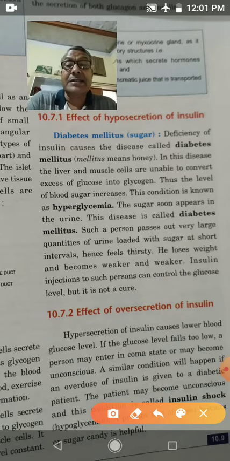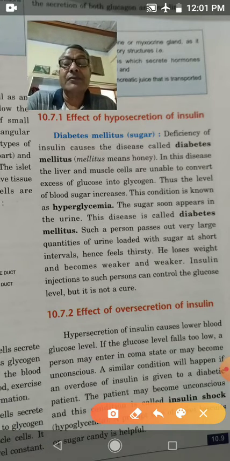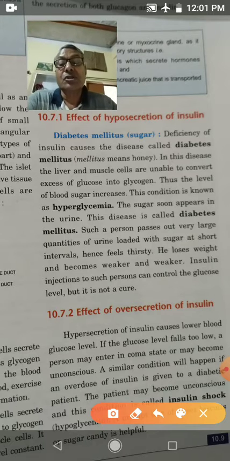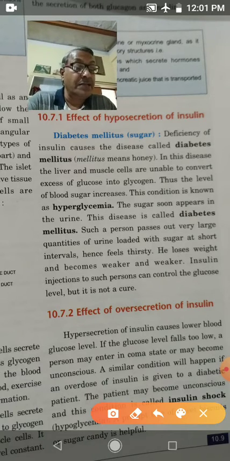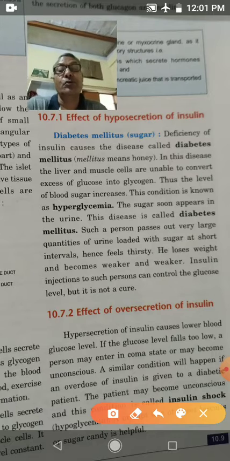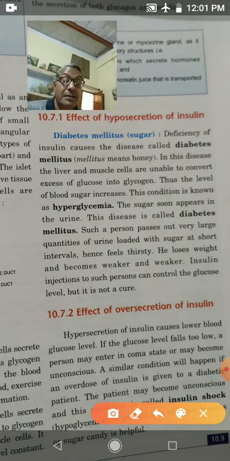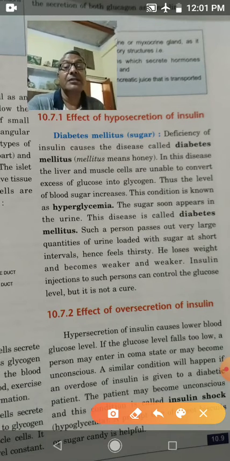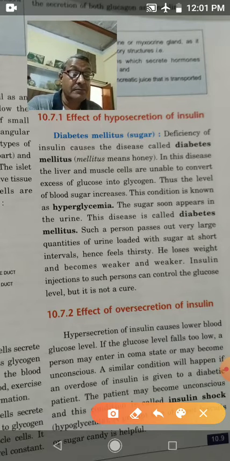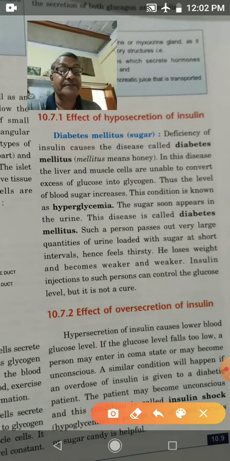So in that case, we should put sugar candy in the mouth. Sugar candy is very effective, and that person may come back to normal conditions.